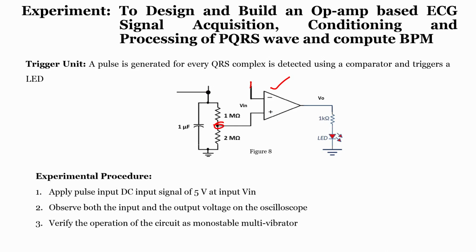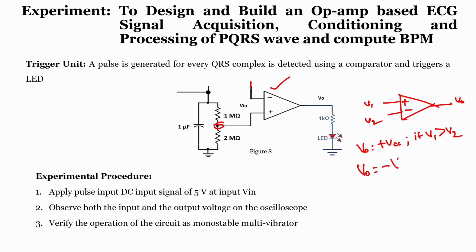So, how does a comparator work? If you recall the working of a comparator, let us take this as plus and minus, this is V1, this is V2 and this is V0. V0 will be equal to plus VCC if V1 is greater than V2, and V0 will be equal to minus VCC if V1 is less than V2.